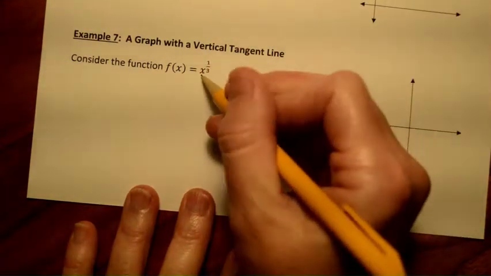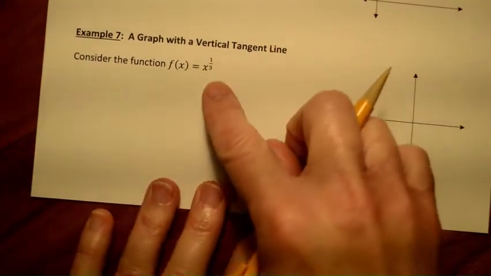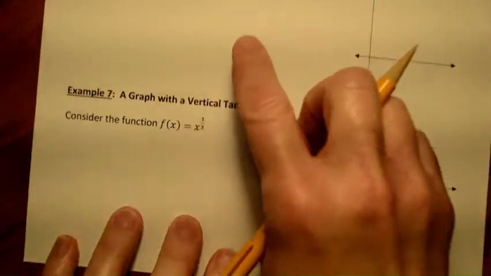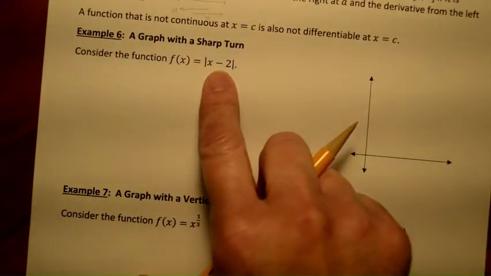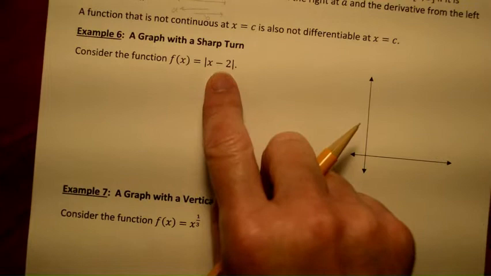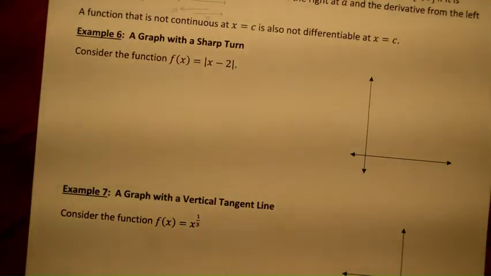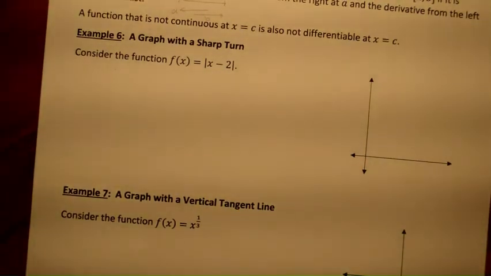So things like x to the 1/3, we're going to find that it's not differentiable everywhere. Absolute value, we're going to find it's not differentiable everywhere, and we're going to do that by using this new definition for the derivative.